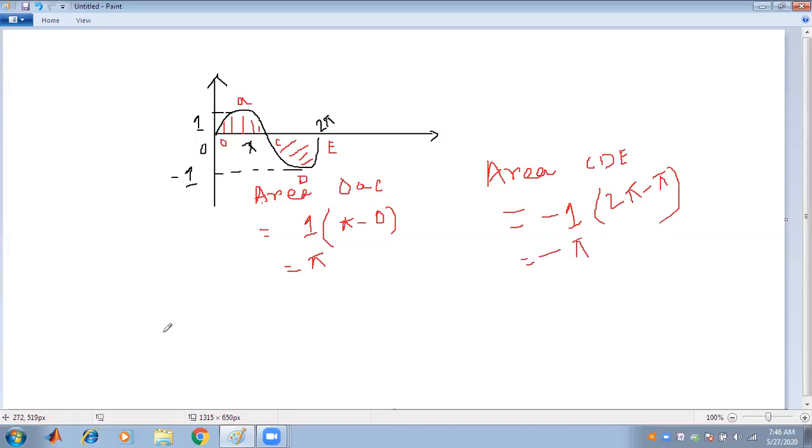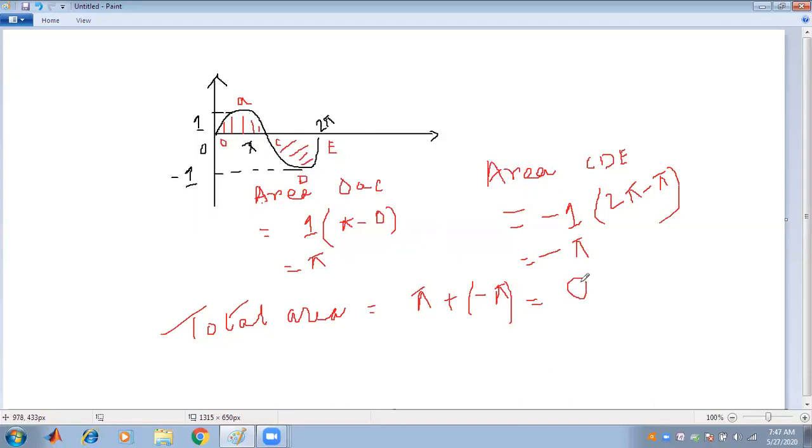What is the total area? For the time period 2 pi, the total area will be the area of OAC, that is pi, plus the area of CDE, that is minus pi. So the total area under the graph is 0.